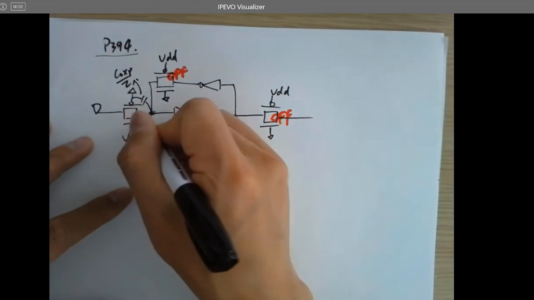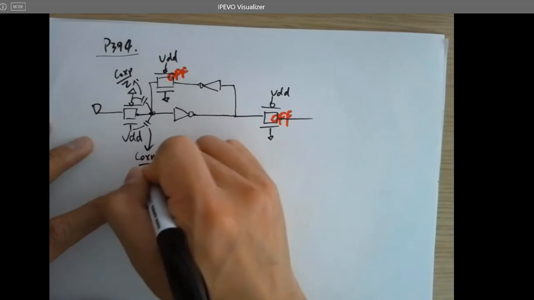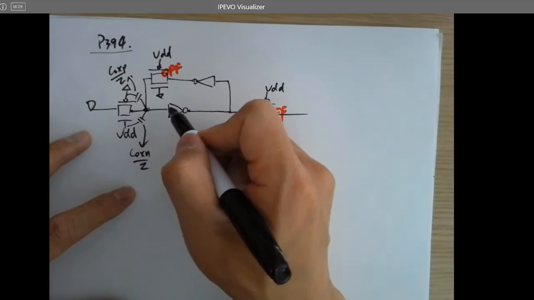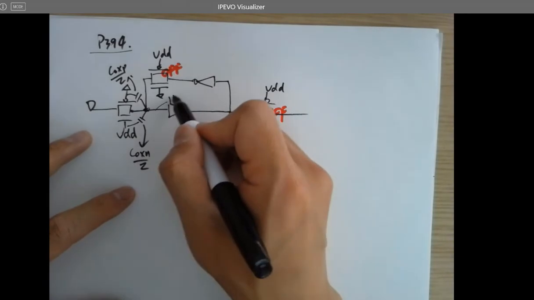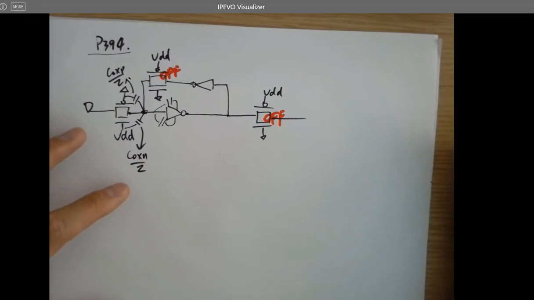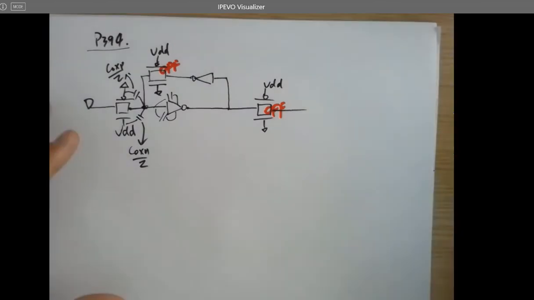For here, what is this? A half of Cox N. I got an inverter. So the inverter's input, you got two caps. So what's the C in of the inverter? The input capacitance, C in.